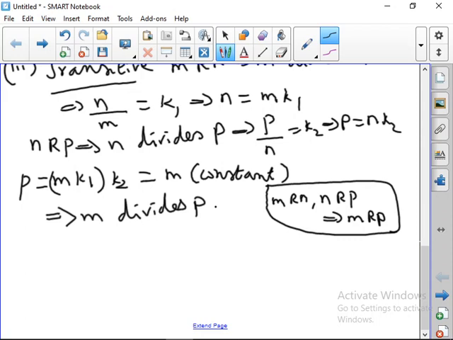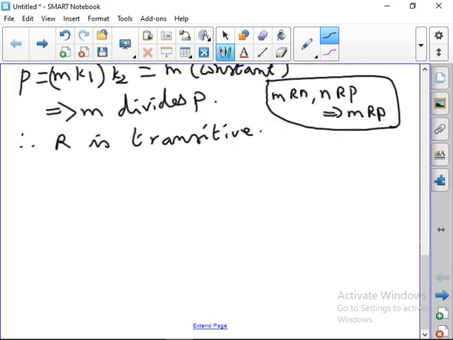Okay, therefore, what do we say? Therefore, R is transitive. All three... sorry, it is not symmetric.